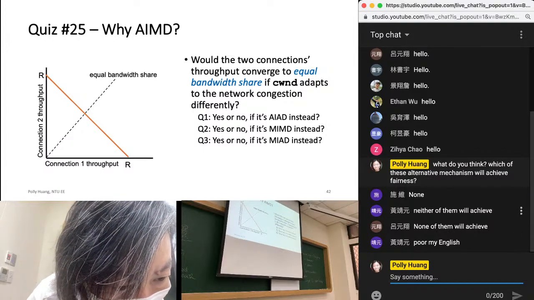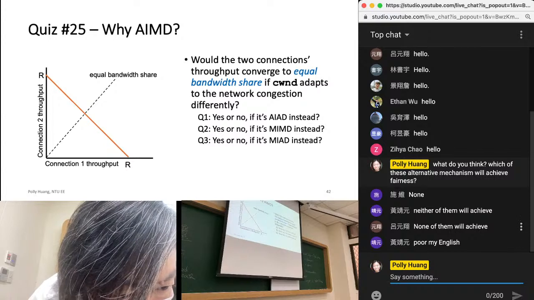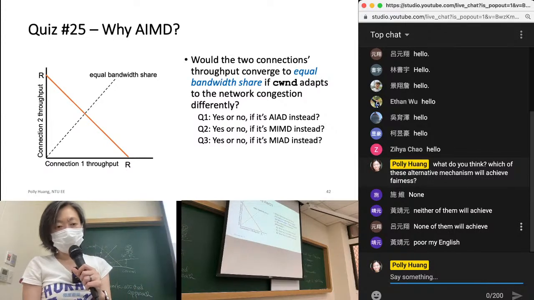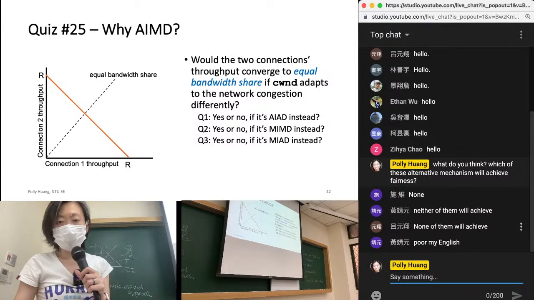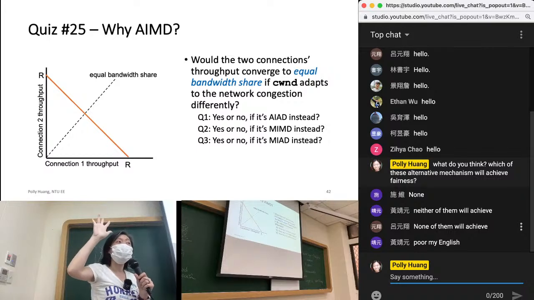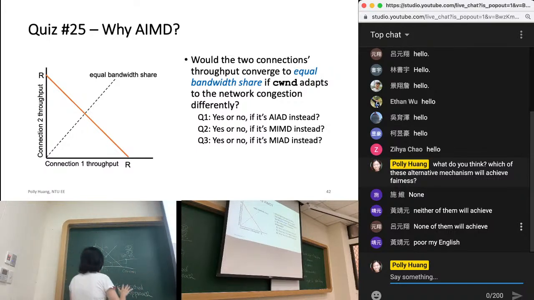Neither of them will achieve it. Great. Team 2 also came to the same thing. Everyone comfortable now? Are you still debating? The slope is essentially T2 divided by T1.